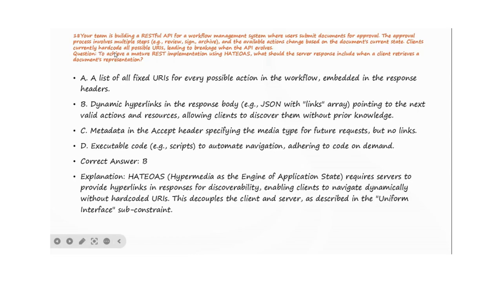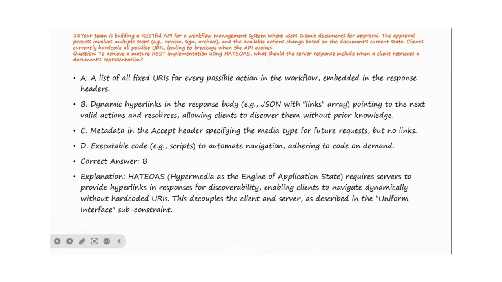Clients currently hard-code all possible URIs, leading to breakage when the API evolves. Question is here: to achieve a mature REST implementation using HATEOAS, what should the server response include when a client retrieves a document representation?